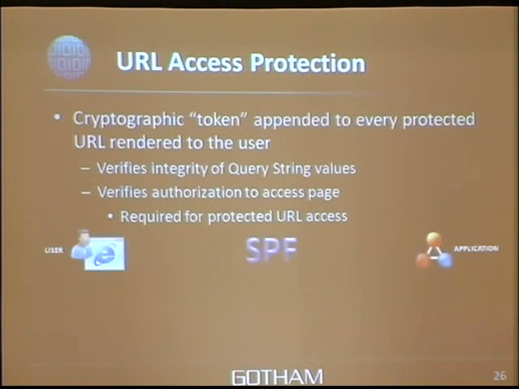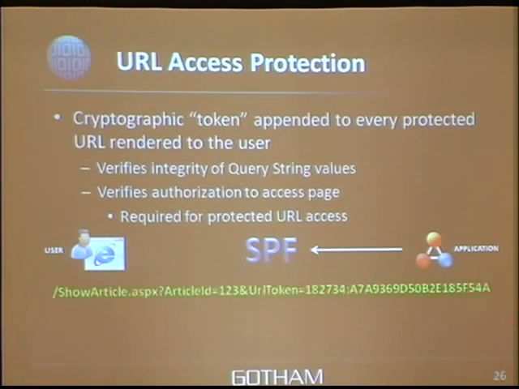So the way it works is, if we've got the application on the right and it's going to generate links to the user, it generates a link, let's say, to showarticles.aspx, and it's got an article ID in there. So what SPF is going to do is say, okay, I'm going to add a URL token to the end of that link, and that URL token essentially includes two pieces.